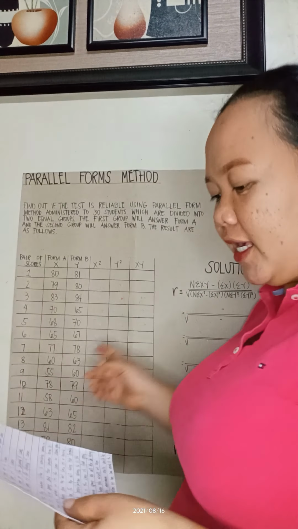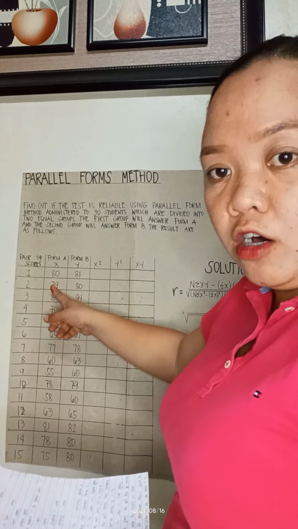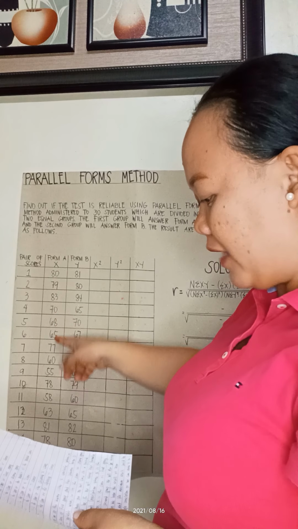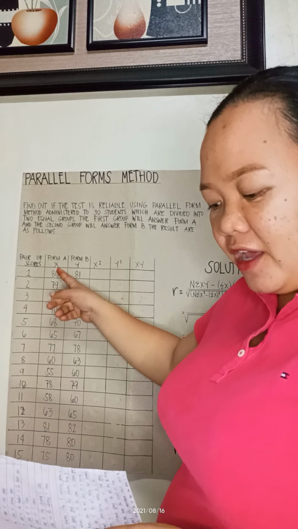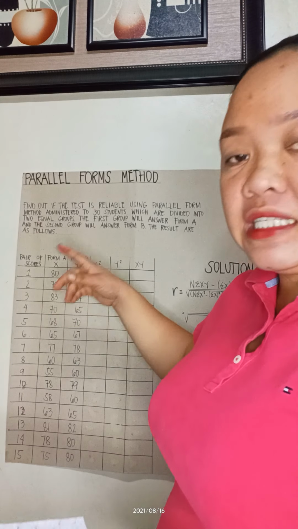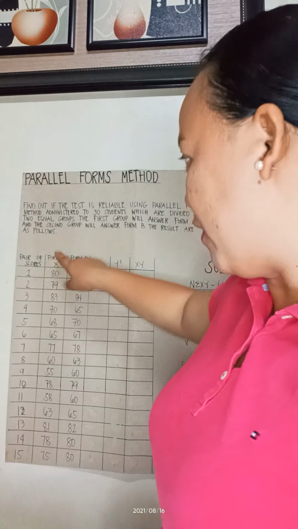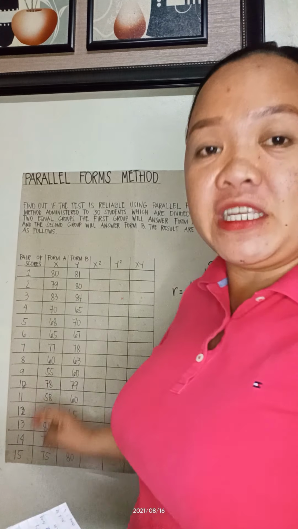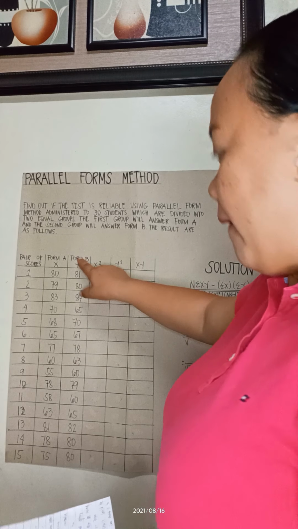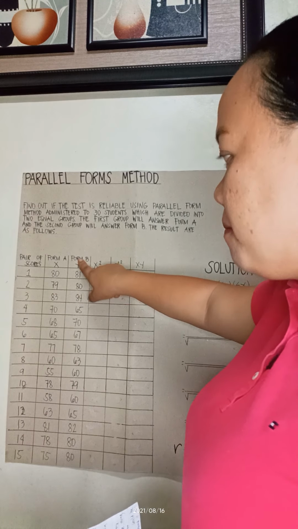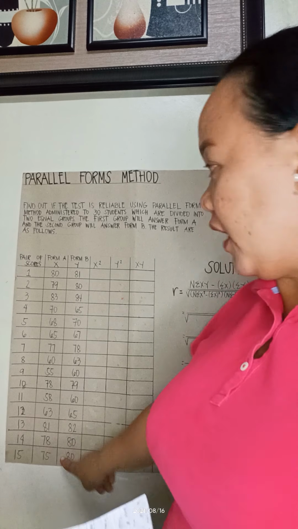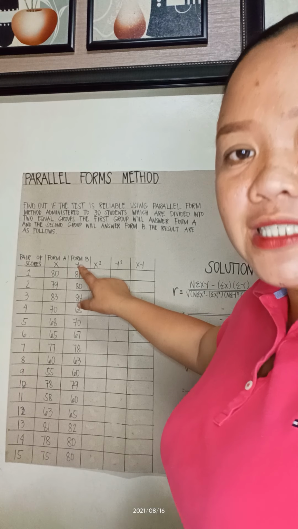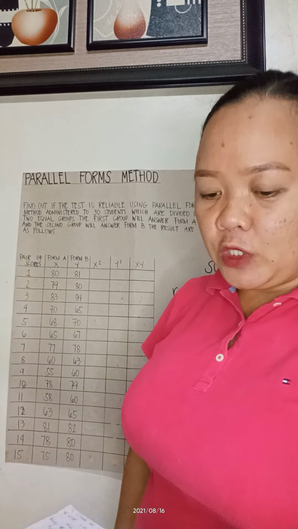As you can see here, this column is variable x, which is the score of the first group, form A. And in this column, form B, we'll be using variable y, which is the score of the second group.